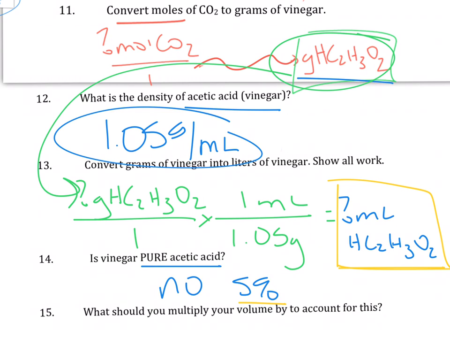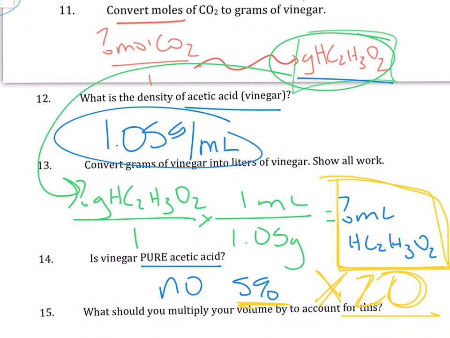So you're 95% short. So whatever answer you get from here, because it's only 5% acetic acid, you need to take this number and multiply it by 20. So if you got 20 milliliters times 20, now 400 milliliters.